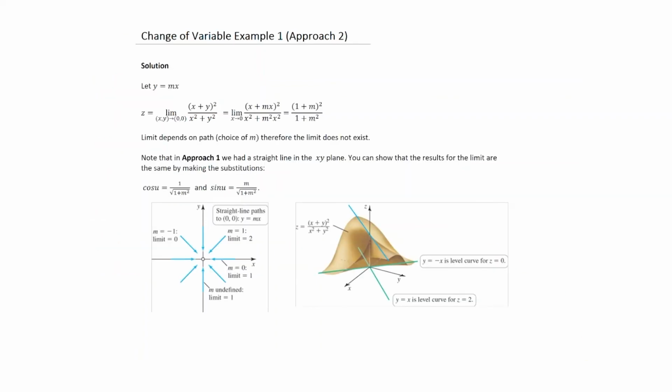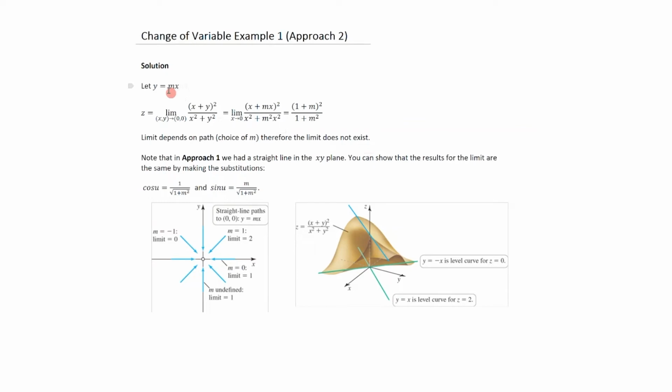All right, so let's look at the same function, but using approach 2. Here, the easiest thing to do is to check the order of the numerator and the denominator. You'll notice here there's a square and a square. They're equal. And here, you're going to end up with x squareds and y squareds and xy, so also equal. So the simplest thing would be to just choose y to be equal to mx, where m will represent the slope of the line.